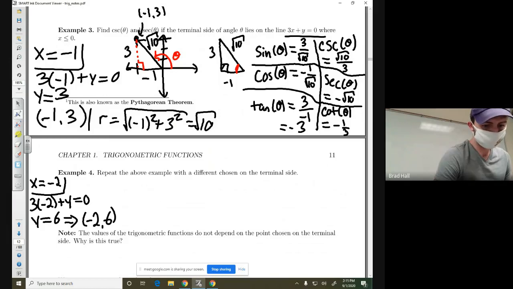From here, I'll put more emphasis on the left-hand side because we are going to the left 2 and up 6.